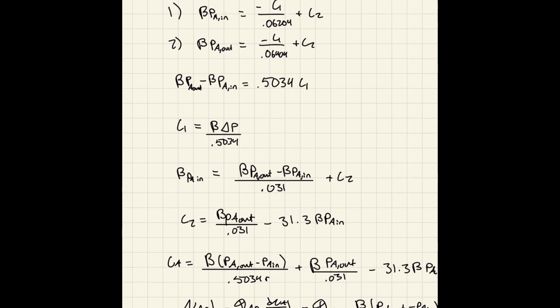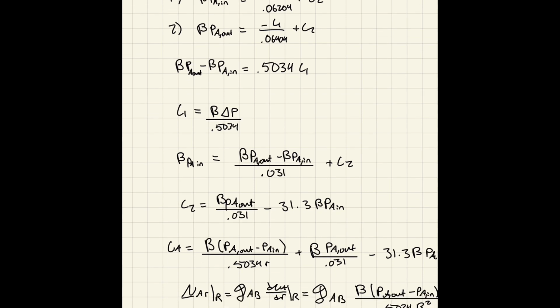Now solving for C2, we are going to plug in C1 into one of our equations and rewrite it in terms of C2, where we now have beta times the partial pressure of A outside over 0.031 minus 31.3 beta partial pressure of A inside.